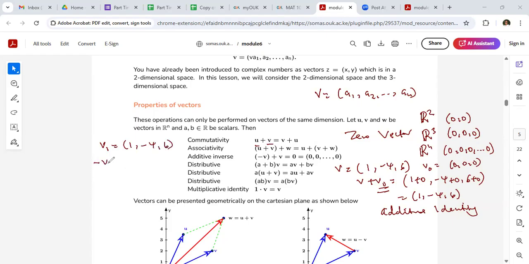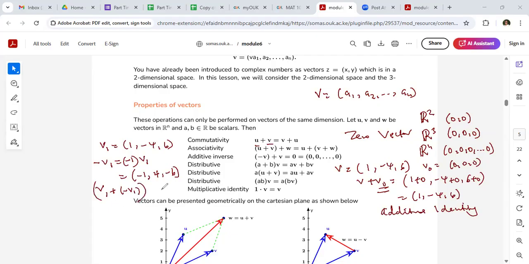If I find negative V1, it is the same as -1 multiplied by V1, and we said that when you multiply a vector by a scalar, you multiply every component in the vector by the scalar. So we have (-1, 4, -6). So what do you get when you add V1 plus negative V1?